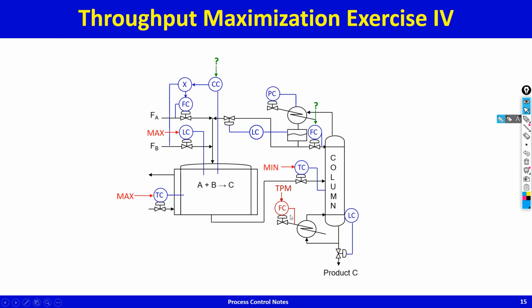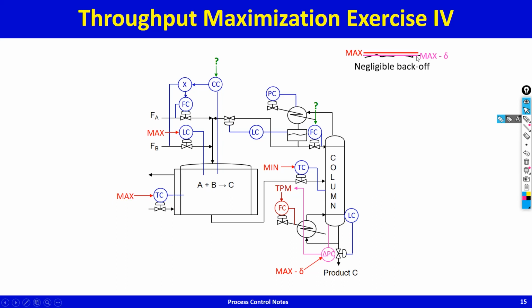The most interesting case is here when you're choosing the throughput manipulator at the bottleneck. In this case, what we will do is hold the delta P across the column by adjusting the steam to the column, and you adjust the steam to the column, boil up immediately changes. It's instantaneous or very fast open loop dynamics. So the control can be made very tight, and therefore the variability in the boil up can be made very small.